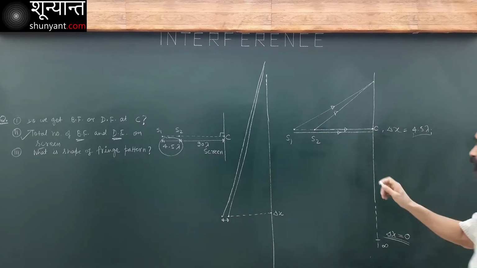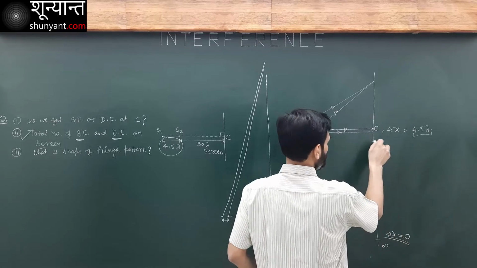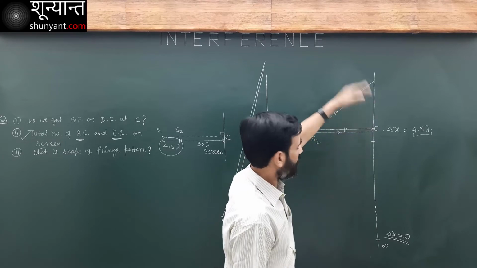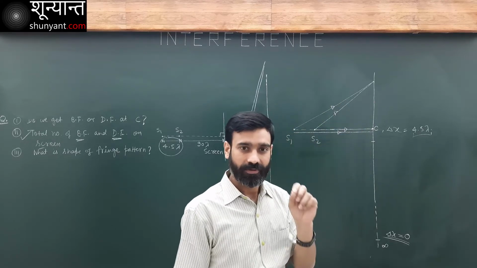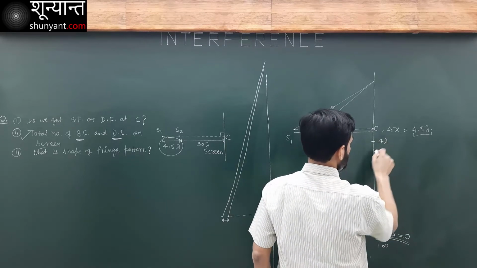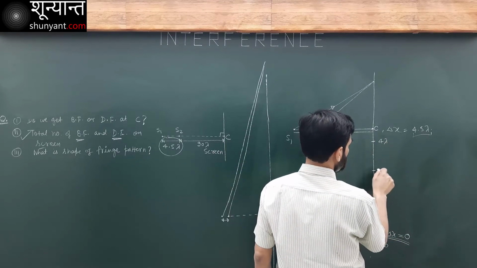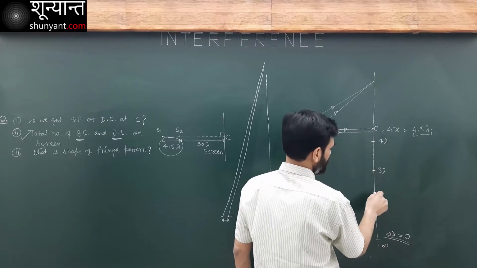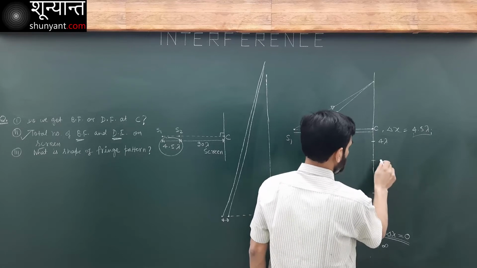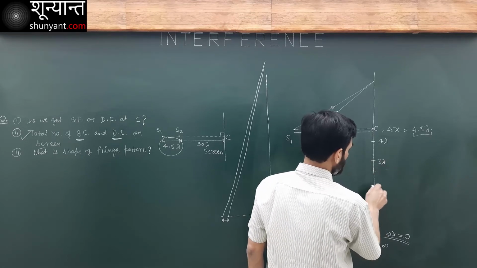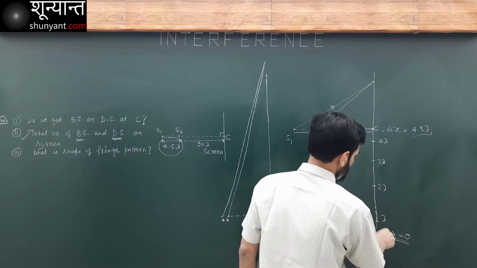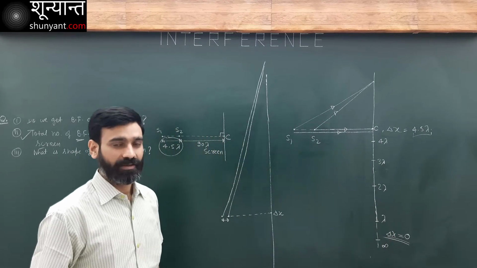As I start moving, from here it is 0 at infinity, so as I go up or down, the path difference is going to decrease. At some point it will become 4 lambda, then 3 lambda, then somewhere 2 lambda, then lambda, and then 0 at infinity.